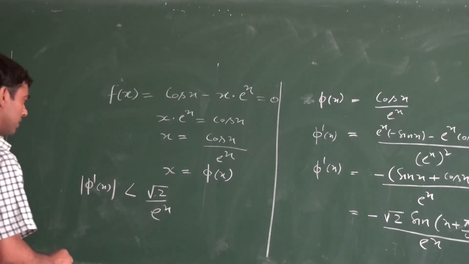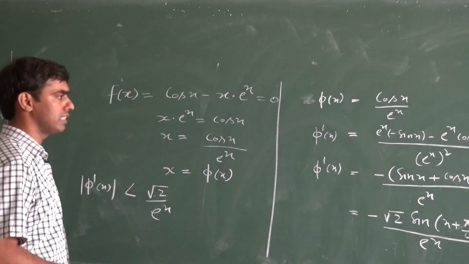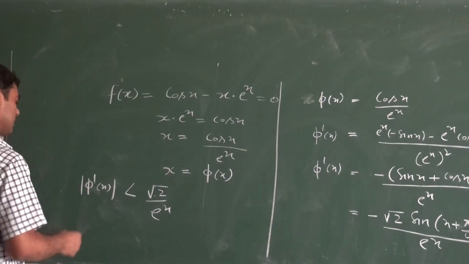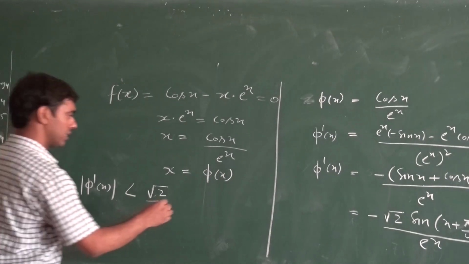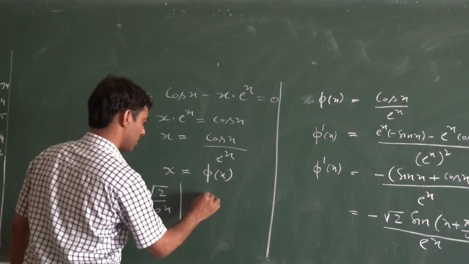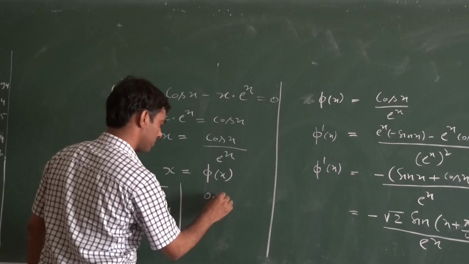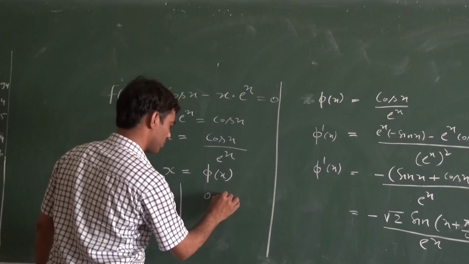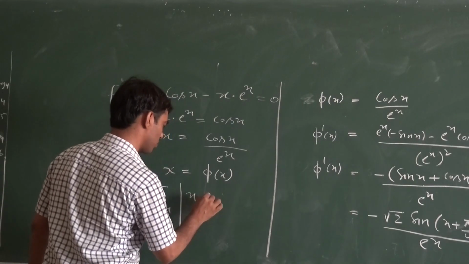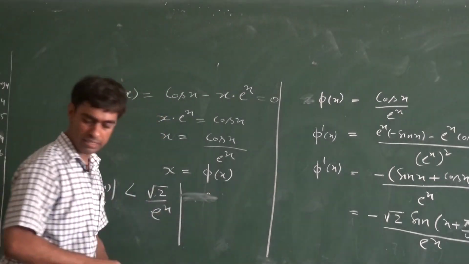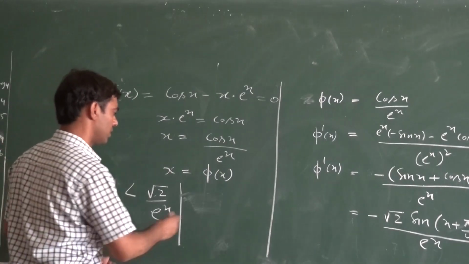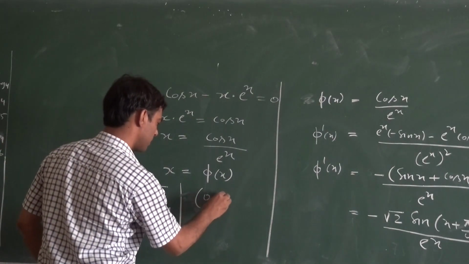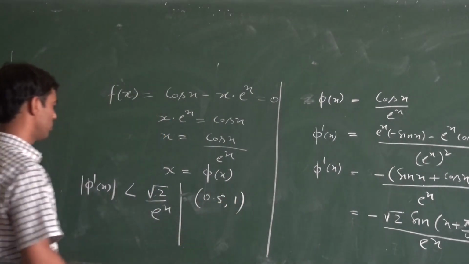Now if we consider the value of x, suppose we consider the class interval 0.5 to 1. This is a class interval, because at 0 the value is negative, at 1 the value is positive, so the root lies between them.